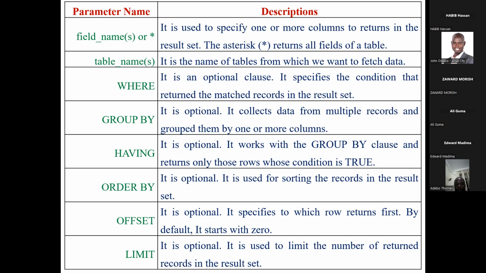Then we also have what you call having. Having is optional, but it works when you're dealing with group by. You can use it also to check some conditions. Assuming that you want to select all the columns from the table called customers, and you want to group by gender, then where their age is based on some particular thing.